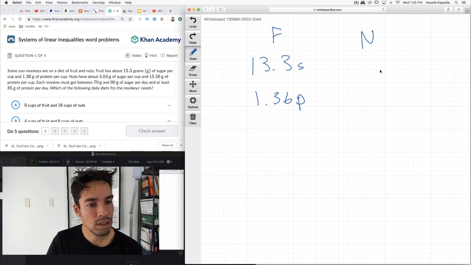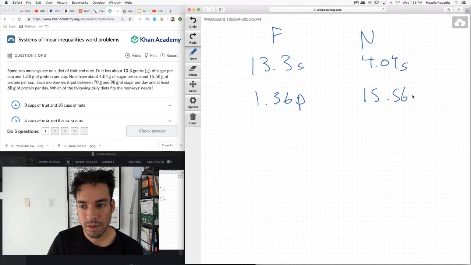This is fruit, this is nuts. Nuts have 4.04 sugar per cup and 15.56 grams of protein per cup. Each monkey must get between 70 and 90 grams of sugar per day and at least 85 of protein per day.